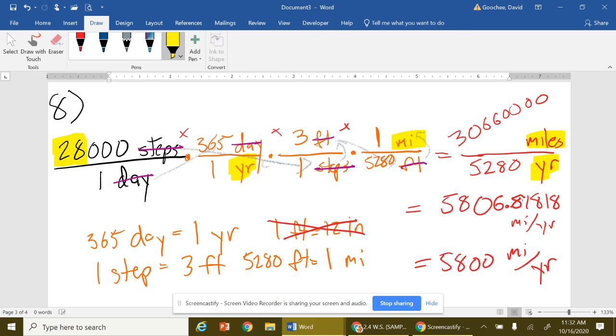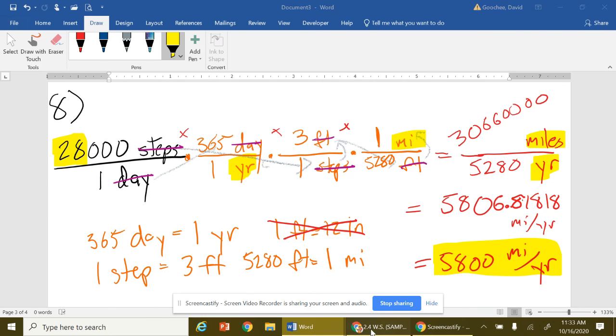By the way, that's more than enough to take you across the entire United States. If you walk 28,000 steps per day, that would be enough to carry you across the United States over the course of a year. In fact, I think the U.S. is 3,000 miles across. So that's enough to go all the way across and almost all the way back again. And that's a pretty crazy distance.